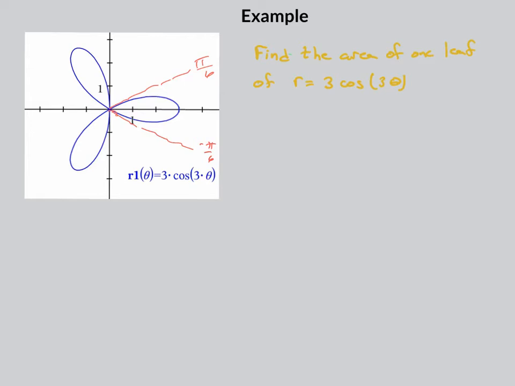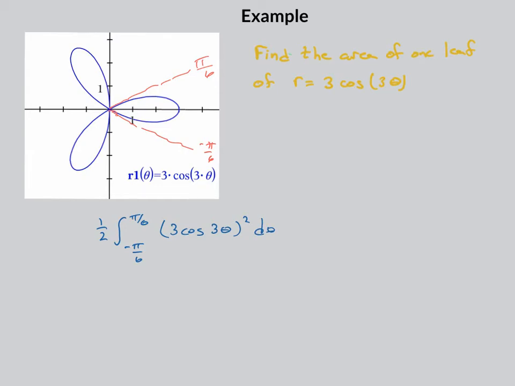So in this case, I can set up an integral to find the area of that leaf. I could just say it's going to be 1/2 times the integral from negative pi over 6 to pi over 6 of 3 cosine 3 theta, that thing squared, d theta.